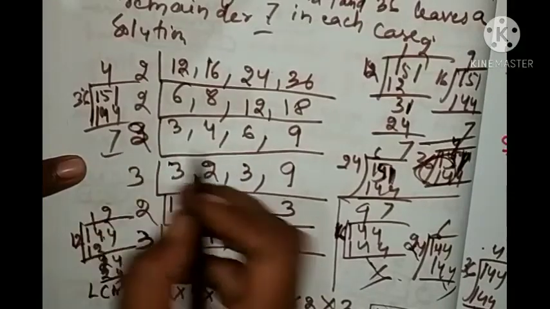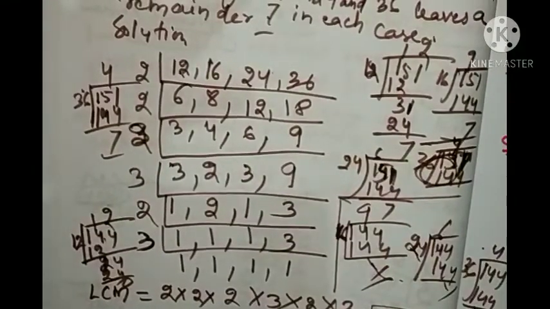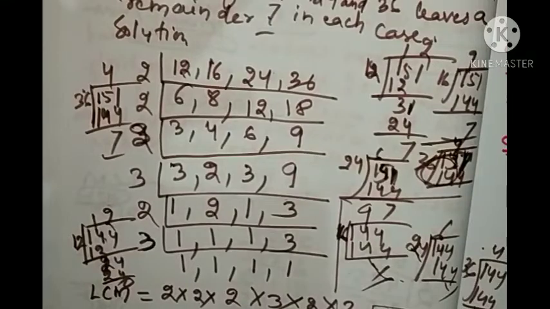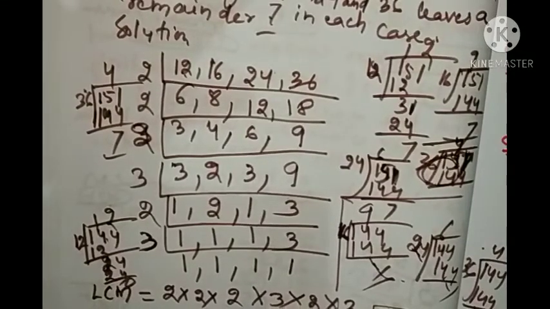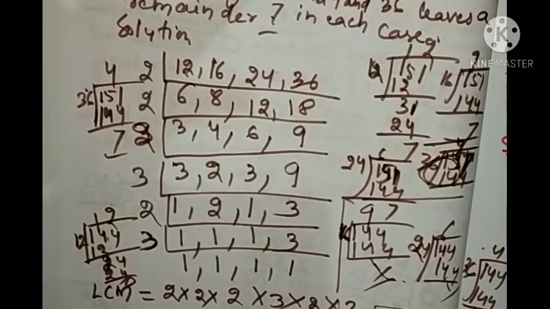So in this we have got 7. So here you can confirm that the required least number is 151.